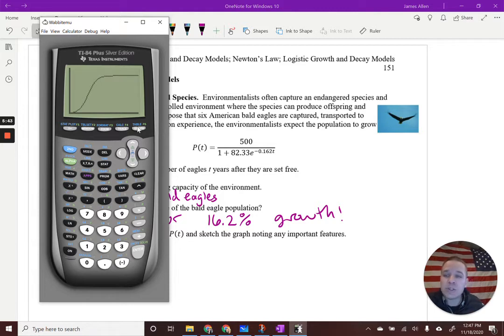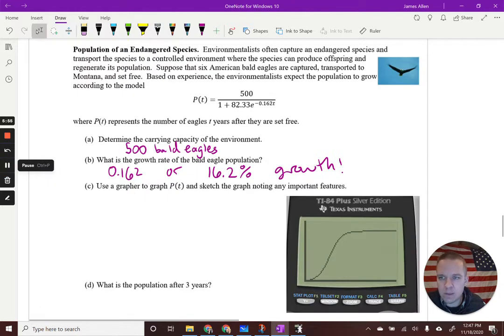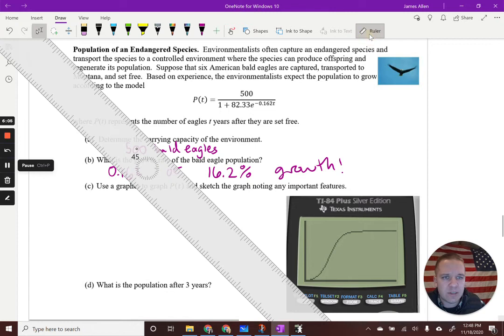All right, so note any important features. Well, I'm going to go ahead and screenshot this and pop it into the presentation thingy. All right, so I've got my screenshot there so I can write on it. What are some important features here? Well, we can see we have the carrying capacity, and I'll actually bust out a ruler real quick, keep it nice and straight.